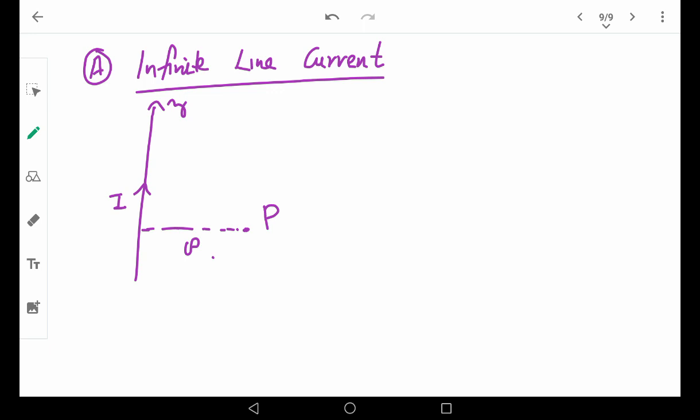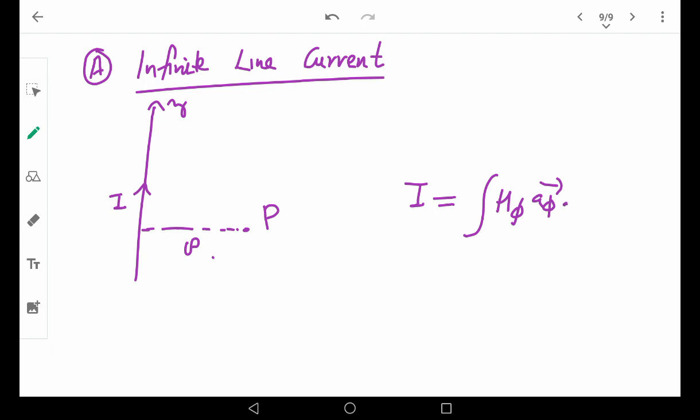I equal to integral of H phi A phi, because the H is in the phi direction, as it is going around the z-axis. Dot dl.